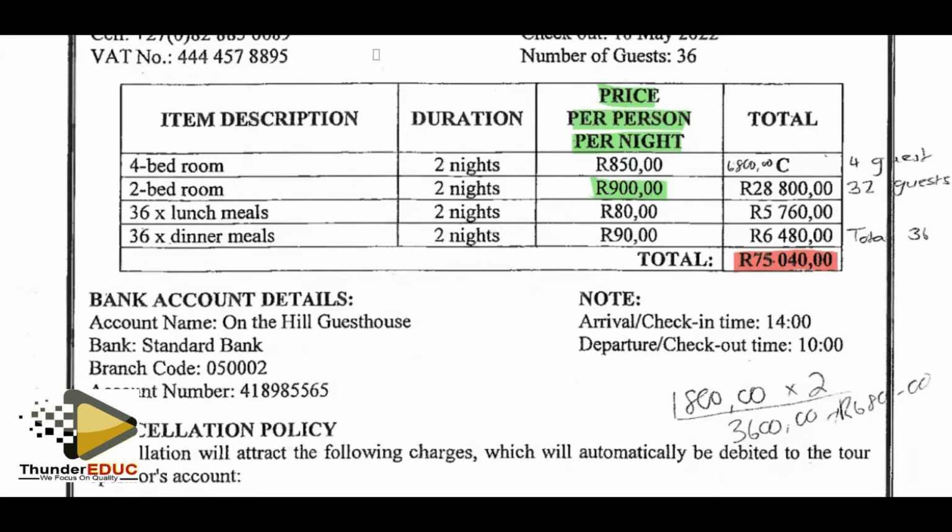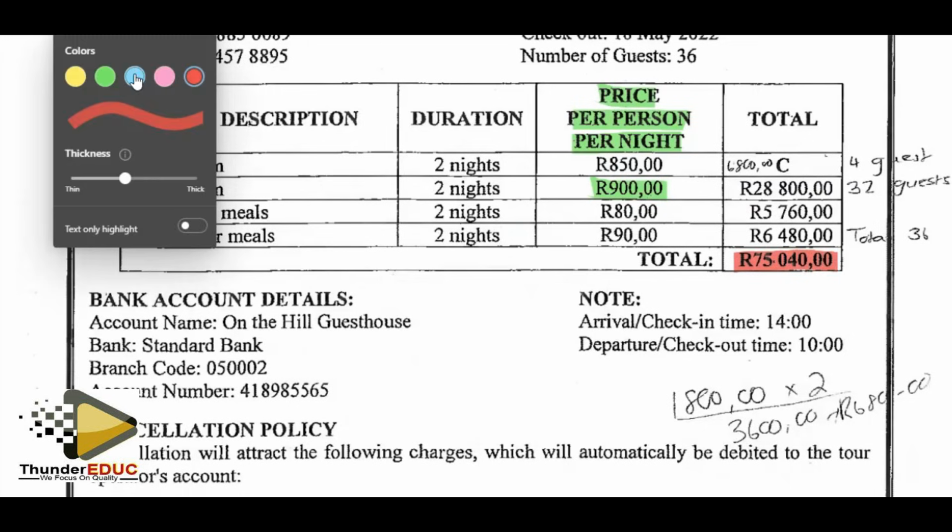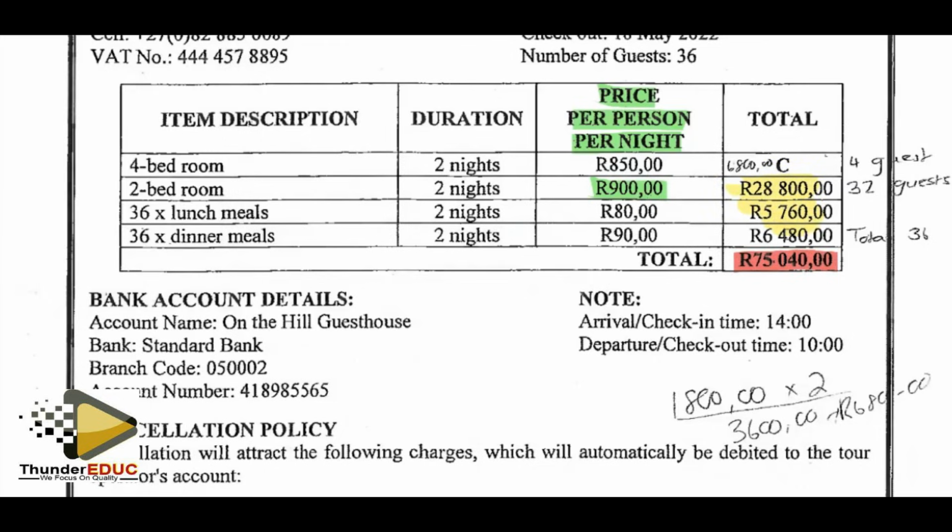So simply meaning when you add all these values here, it should give you 75,040 rands. So what's the value of C?